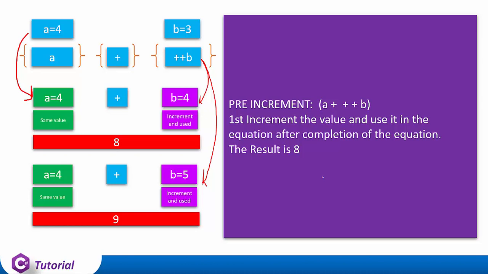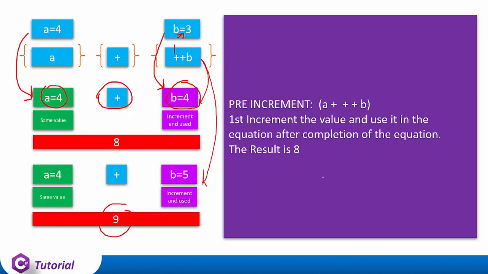We will first increment by 1, then we will add it to 3. So instead of being 3, it will come down as 4. So now we have 4 plus 4, so the result will be 8. And if we go to the next iteration, printing this again, we will get the value 9. First time it will be 8, next time 9, the other time will be 10, and so on like that.